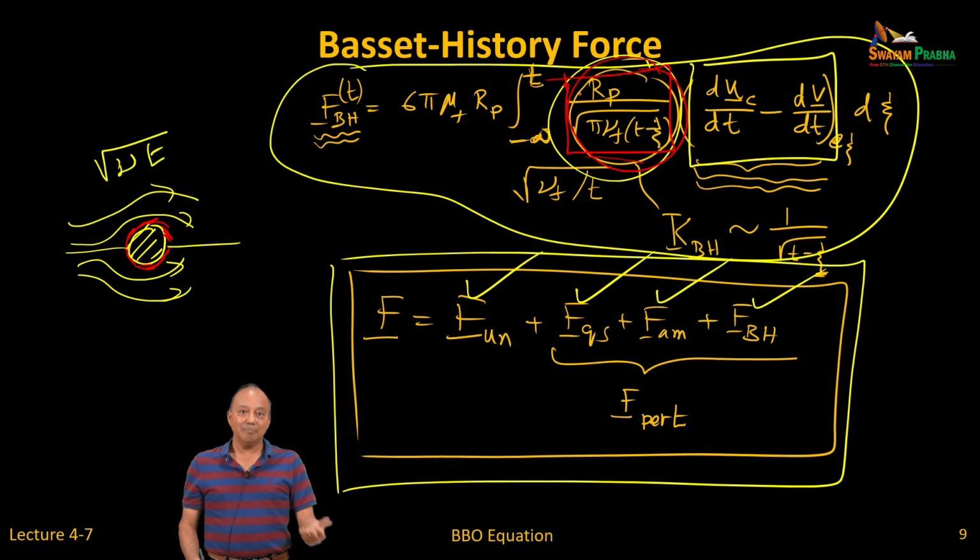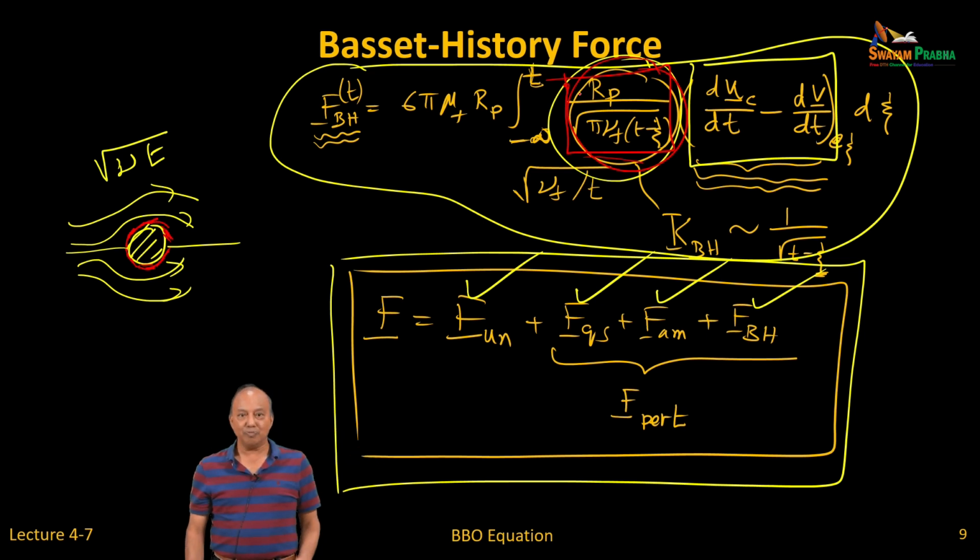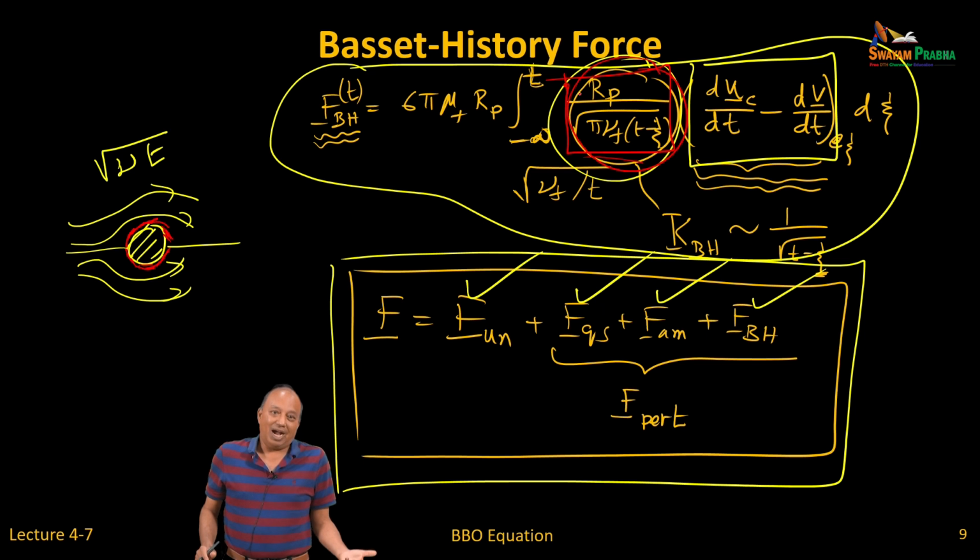Why is it happening? Because when you change the velocity from 1 meter to 2 meters, the boundary layers change, the skin friction on the surface of the body changes, and it takes a while for that to complete its job. Okay? And that's the meaning of the Bassett history force. That's why when a flow is unsteady, you have all these complications coming.